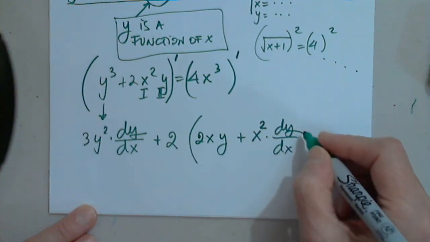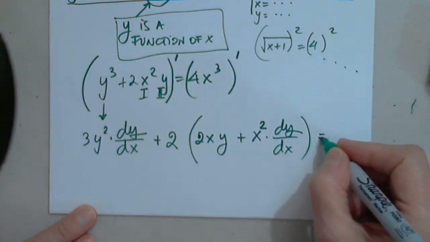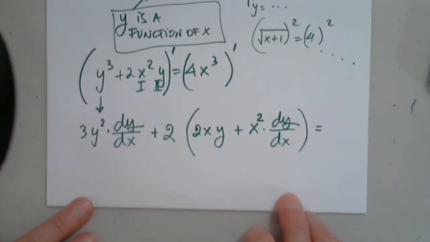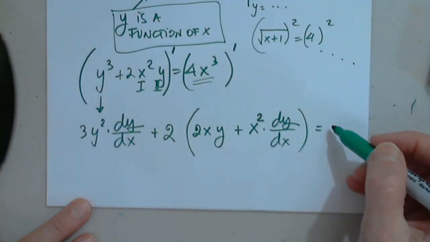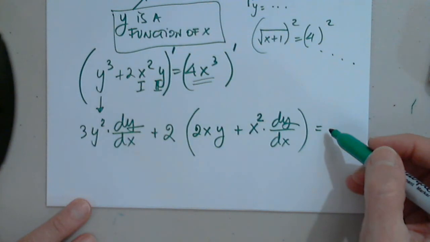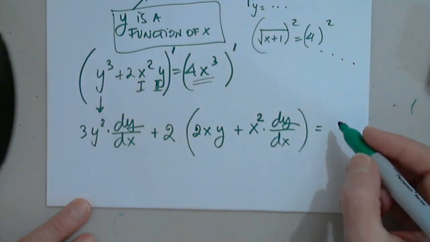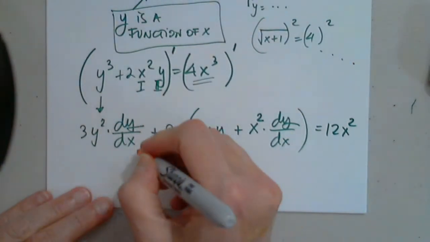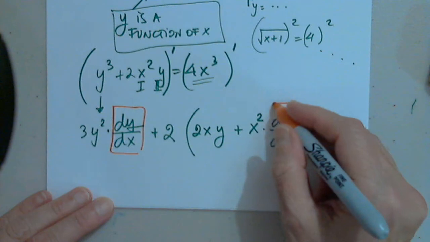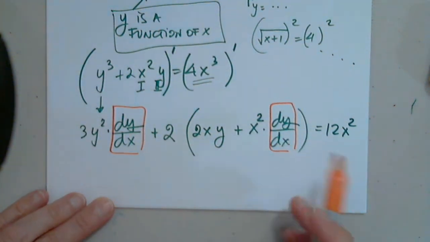Awesome. Perfect. And then on the other side, can anyone give us that? Thank you, Liam. 12x squared. Thank you very much. That's it. So remember, what is our variable? This is our variable. This is what we are trying to solve for. Of course, I will distribute first.